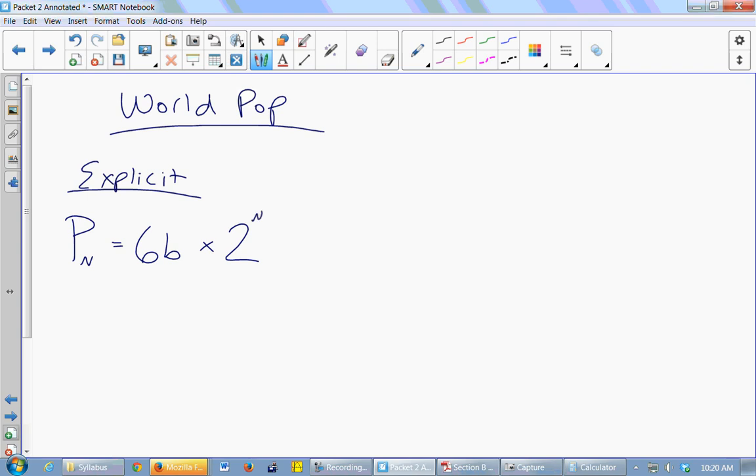But in this particular problem, what does n represent? Sets of 45 years. So you would have to write down that n is the number of sets of 45 years since 2000. In exponential growth, you will always have an exponent in the explicit formula.